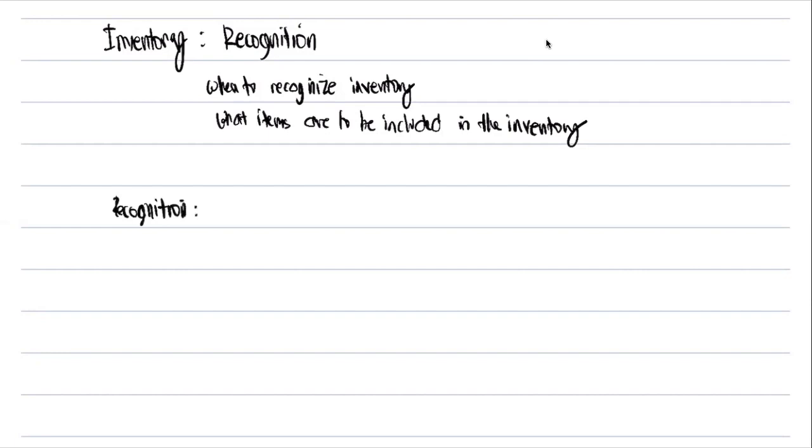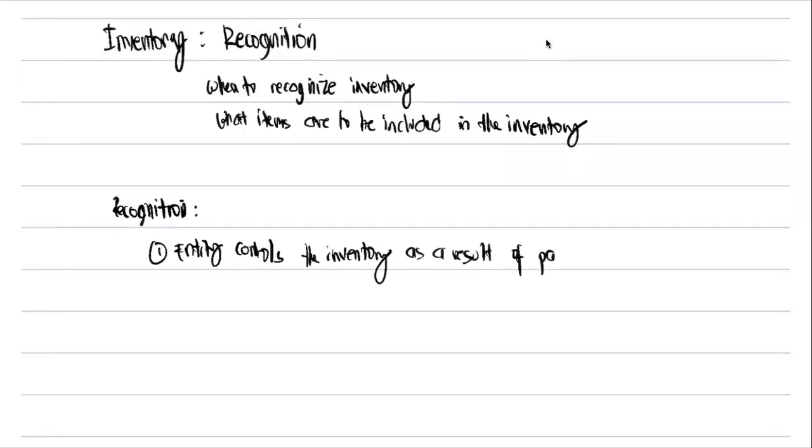So when do we recognize inventory? We recognize inventory when, first, the entity controls the inventory as a result of past events. Second, it is probable that future economic benefits will flow to the entity.